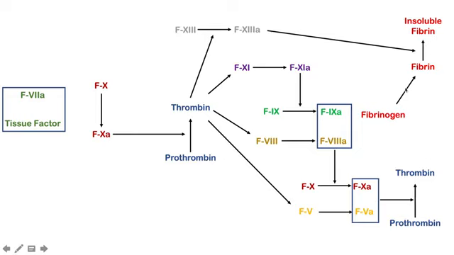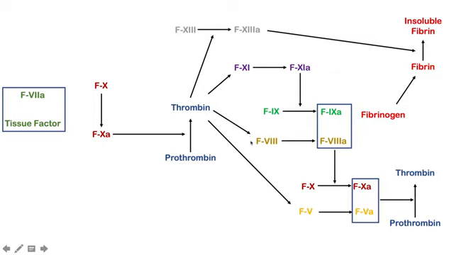Thrombin will then act on fibrinogen to produce fibrin, and factor 13 will take that soluble fibrin to make it insoluble fibrin. But what I want you to really focus on is factor 8 and factor 9.